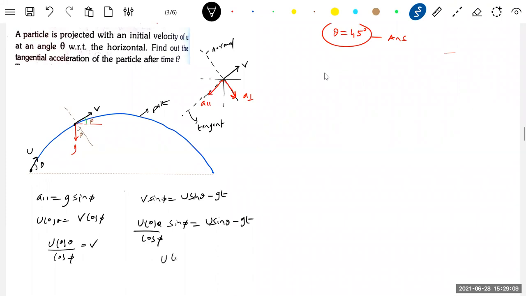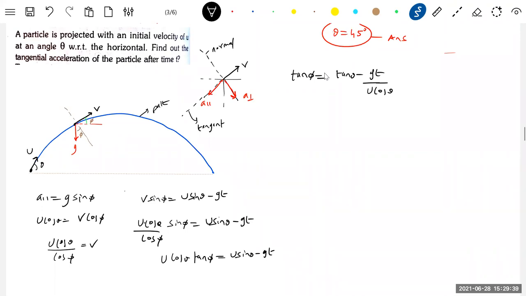So this will become u cos theta tan phi equal to u sin theta minus gt. So tan phi is tan theta minus gt by u cos theta.